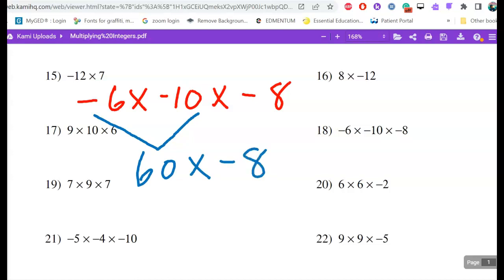This time I'm doing a positive times a negative, so remember my answer is going to be negative. When I multiply 60 times 8, I get 480. So negative 480.